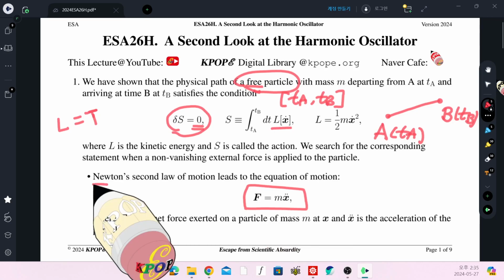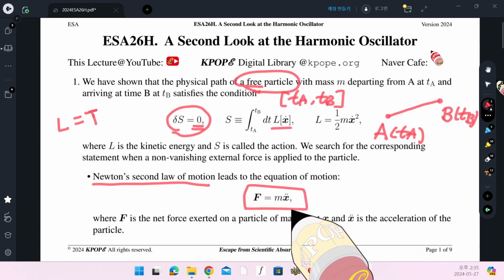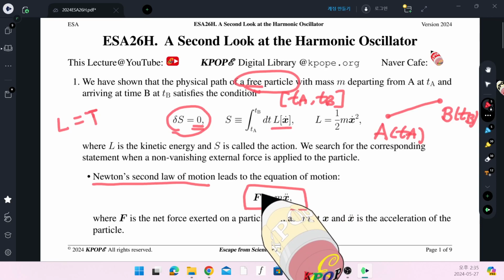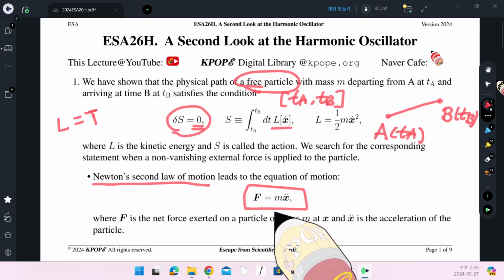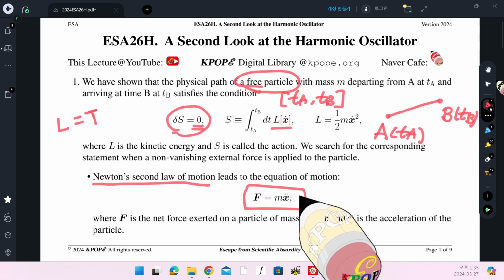Newton's second law of motion is F equals ma. The net external force is the product of the mass and the acceleration of the particle of that mass.